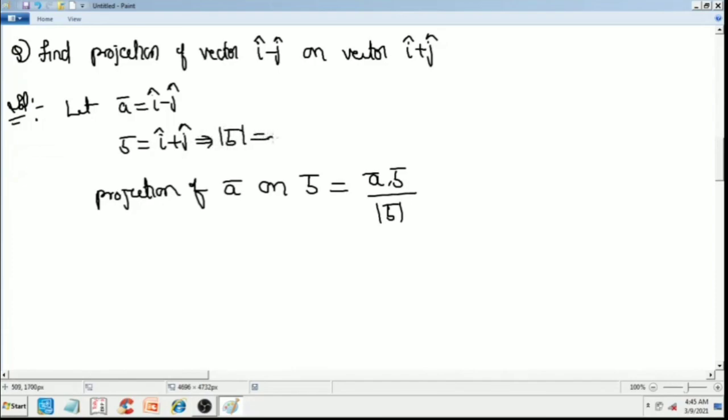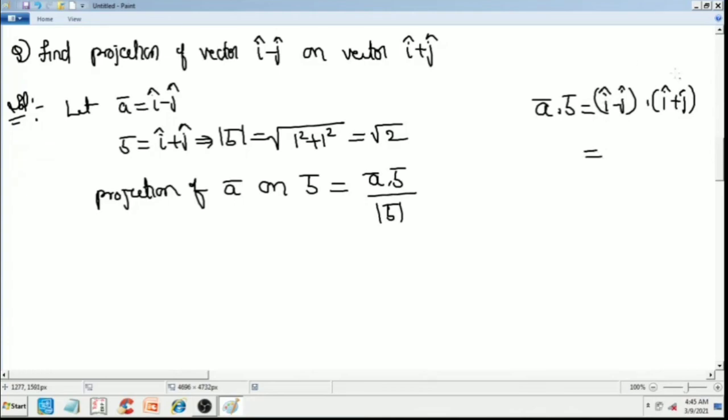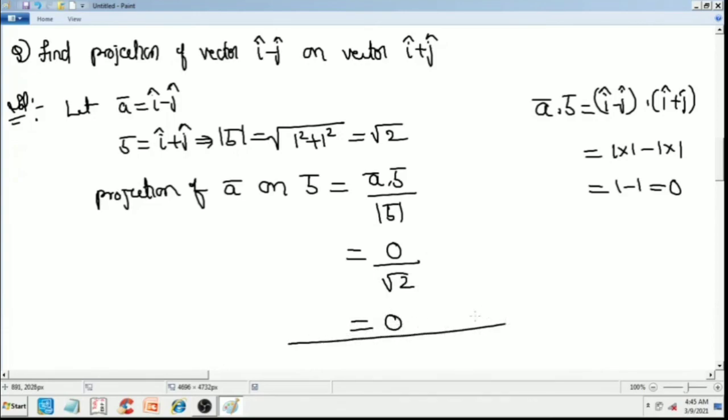B magnitude is root over 1 square plus 1 square, result is root 2. Next, a dot b is i minus j dot product i plus j. So 1 into 1 minus 1 into 1, multiplying the coefficients, result is 1 minus 1 is 0. Hence this is 0 by root 2, result is 0. Hence the scalar projection is 0. This is the solution.